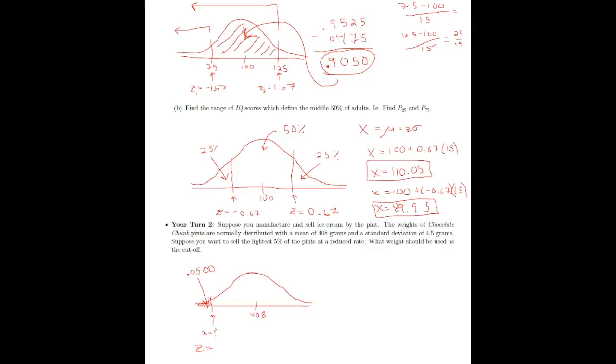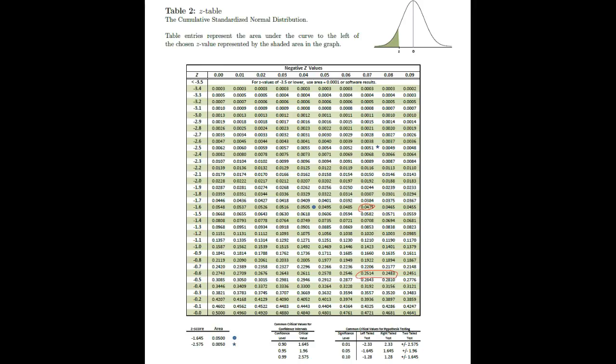So if you go back into your table and you go fishing for 0.0500, you're going to end up right around here.